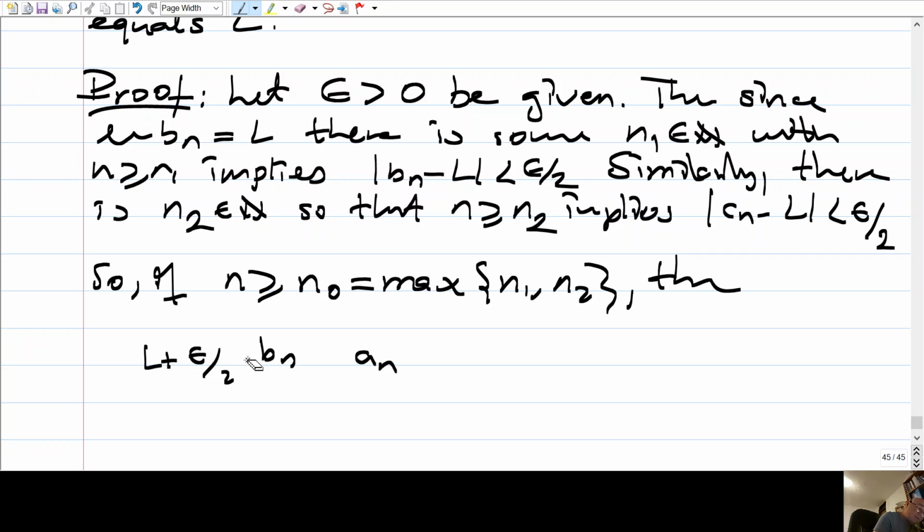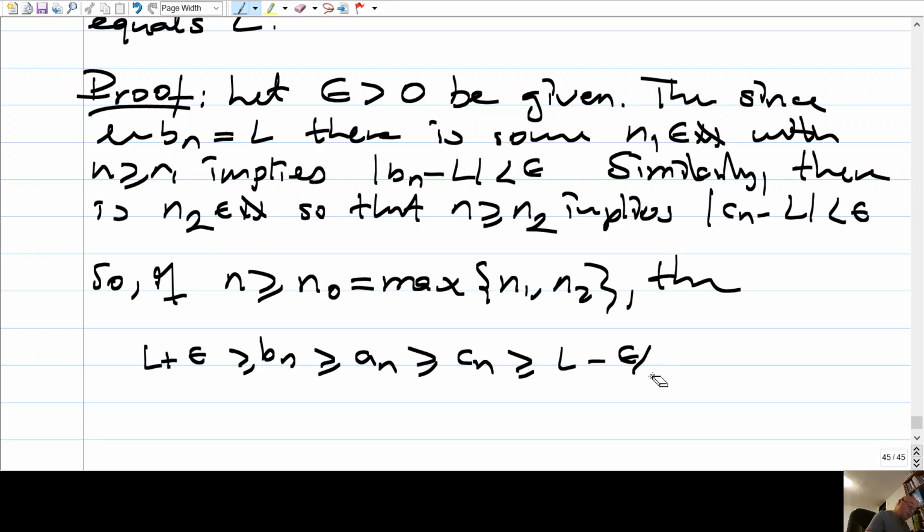So I should write this the other way around. An is larger than Cn, and Cn is larger than L minus epsilon over 2. Well, maybe I don't need epsilon over 2's, right? Epsilon would be fine. Yeah, I don't need epsilon over 2's.